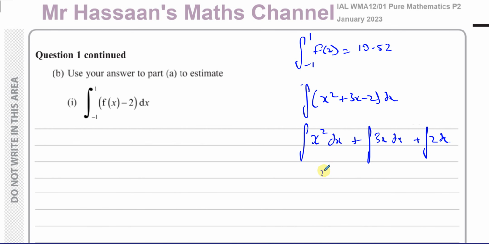And this gives us x cubed over 3 plus 3x squared over 2 minus 2x plus c.